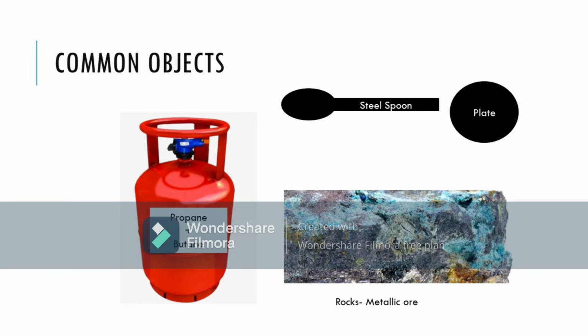So we came to know something about bonds. Now if you look at objects around you, say you hold a metal spoon or a gas cylinder, what type of bond does it have? Obviously metallic bond. For cooking gas, liquefied petroleum gas, that is propane and butane, they are volatile, ready to escape, so they can't be ionic or metallic, they are covalent compounds.